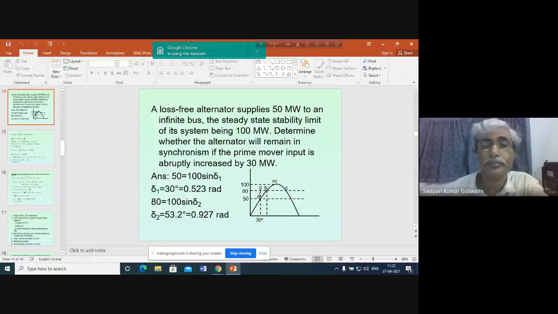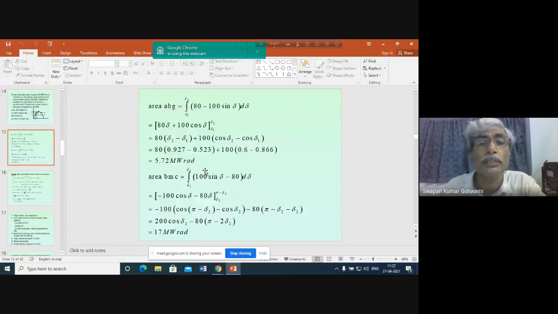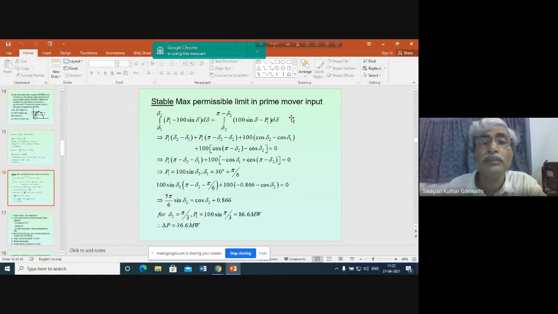Okay, now let us see for this particular machine how much disturbance it will be able to withstand. For that, what we are doing here is actually finding an area. We are assuming that the disturbance will be up to a point, that means the input power increase will be such that the new power input line, or new power output, becomes equal to P1.